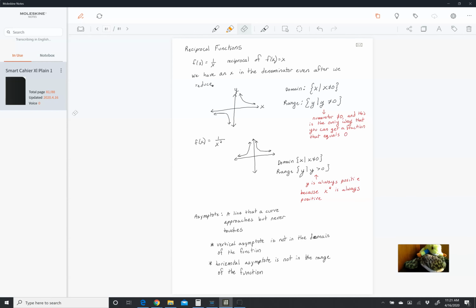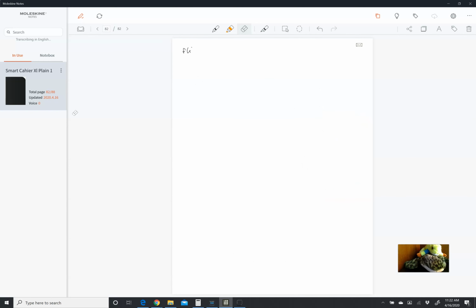Okay, so let's go back to something that we've already done. Let's say that we have f of x is equal to 1 minus x over x squared minus 7x plus 12.